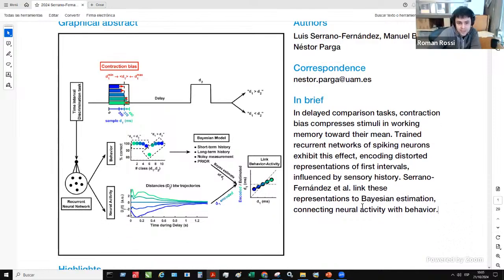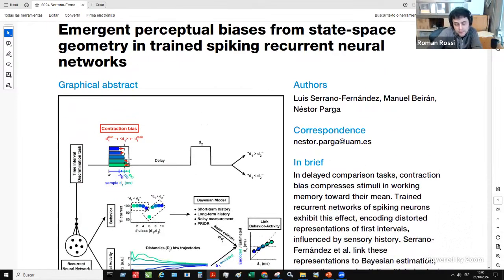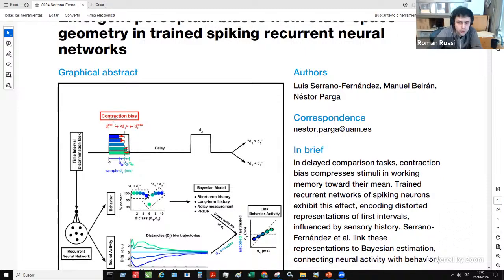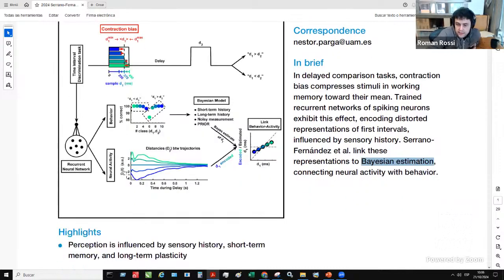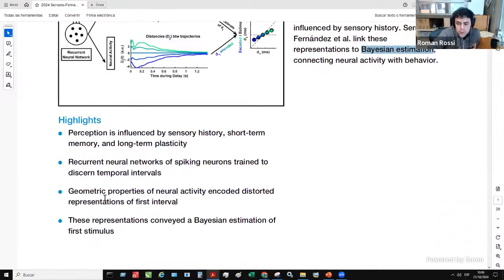They show that it's a Bayesian estimator in a recurrent neural network. They published in Cell Reports, and they show that the contraction bias appears without asking anything, all because the network acts as a kind of Bayesian estimator. I was talking with Bernie, and I believe this is the direction we should follow next for modeling spiking networks.